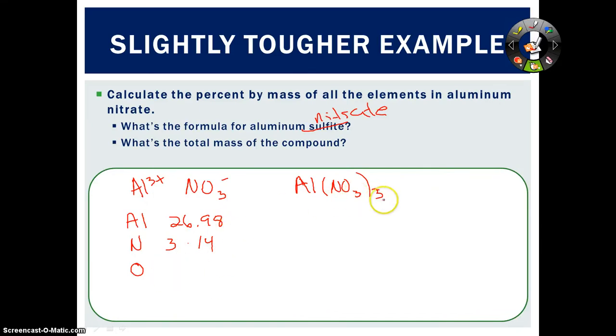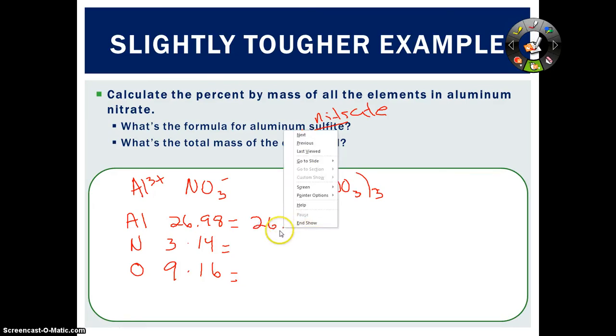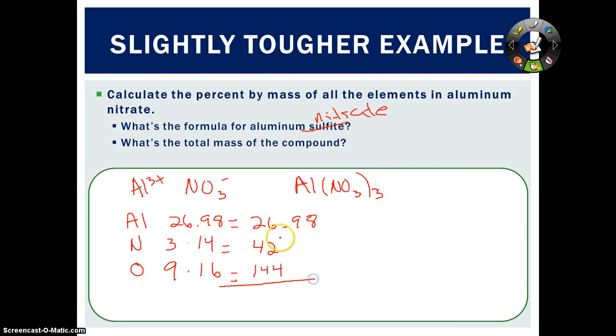And I have 3 times 3, which is 9 oxygens, and each of those is 16 grams per mole. So aluminum still sitting at 26.98. Nitrogen, I have 42, and oxygen, I have 144. So the total molar mass is 212.98.